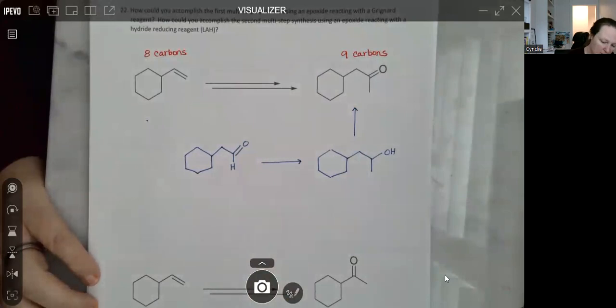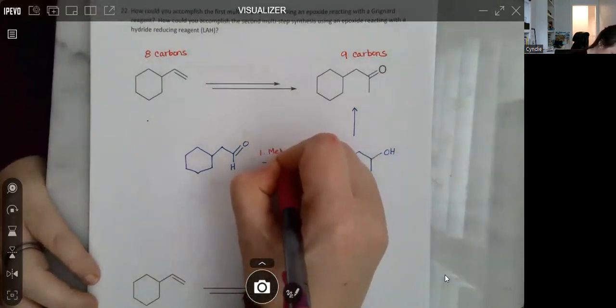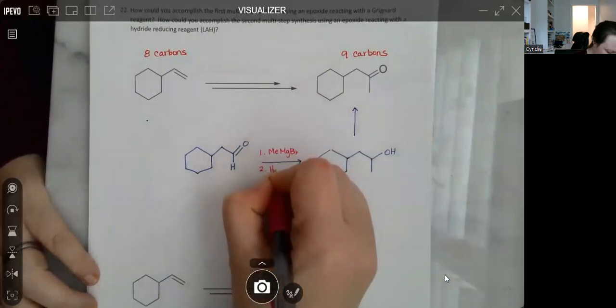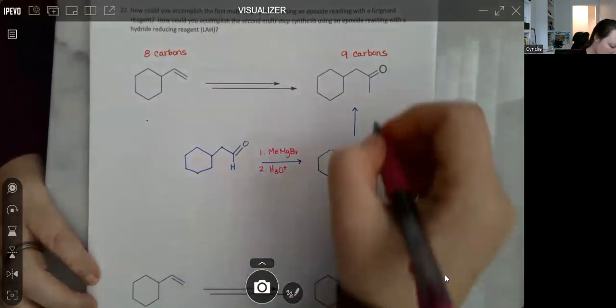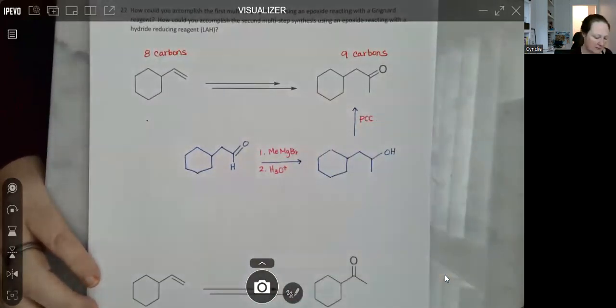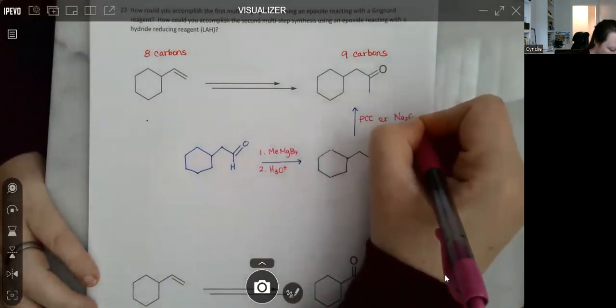So we would do a methyl Grignard, right? Followed by an acidic workup. And then we would do an oxidation of this secondary alcohol using PCC, right? Or again, we could also use sodium dichromate here.